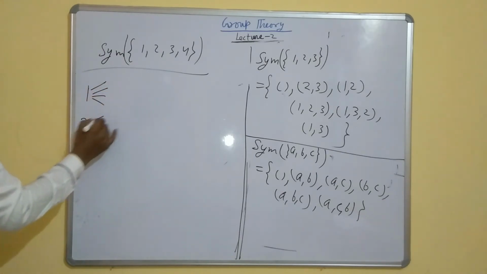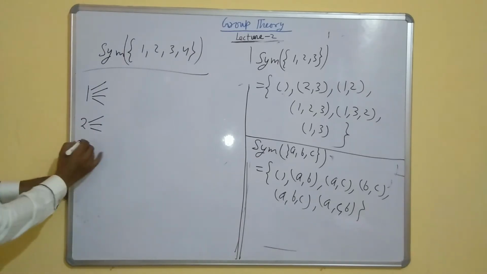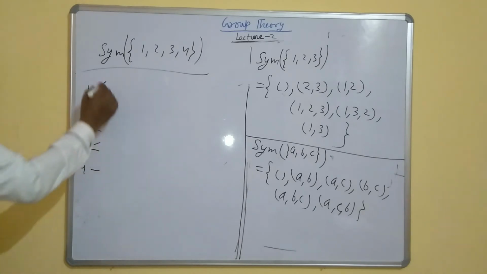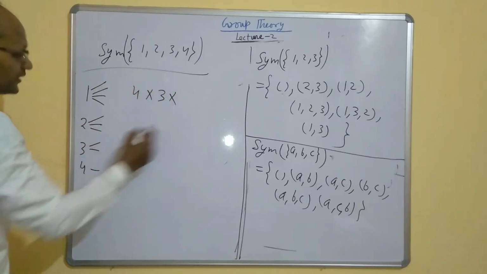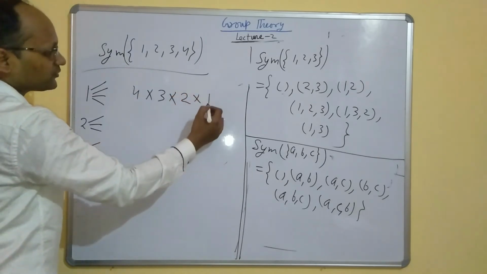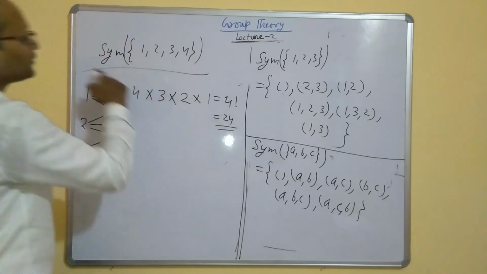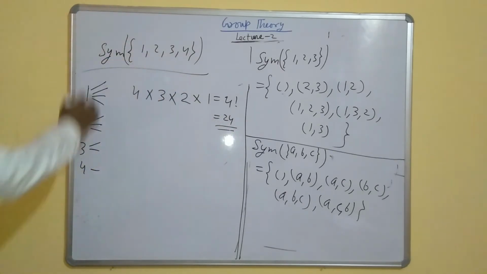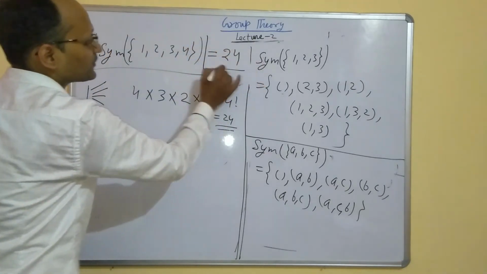After fixing the choice for 1, 2 has only 3 choices, 3 has only 2 choices, and 4 will have only 1 choice. So 4 choices here, 3 choices here, 2 choices here, and 1 choice here. So you have 4 factorial, that is 24 choices for the mappings of Sym 1, 2, 3, 4. So the cardinality, meaning the order of this set, should be 24.